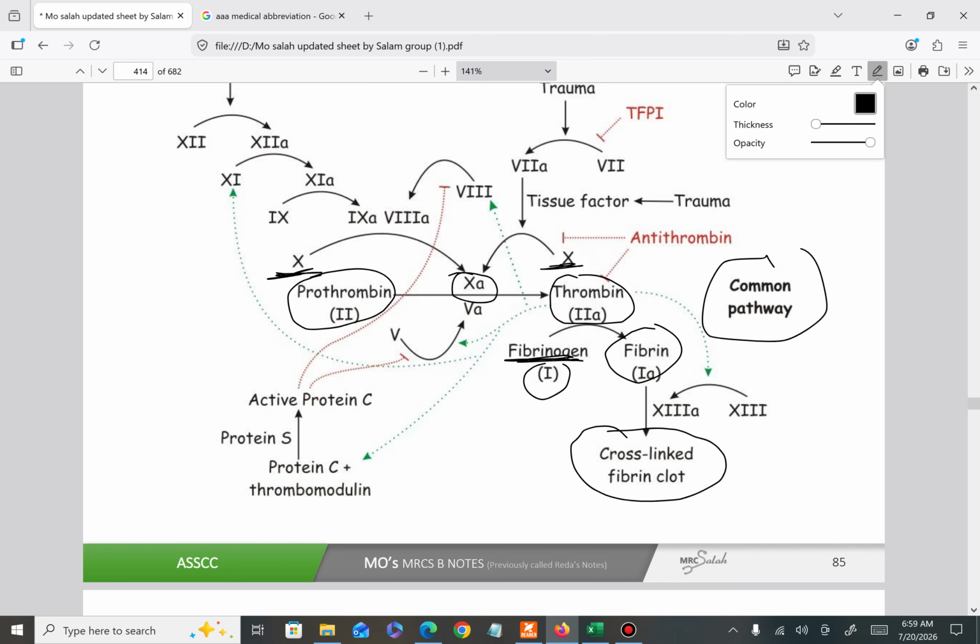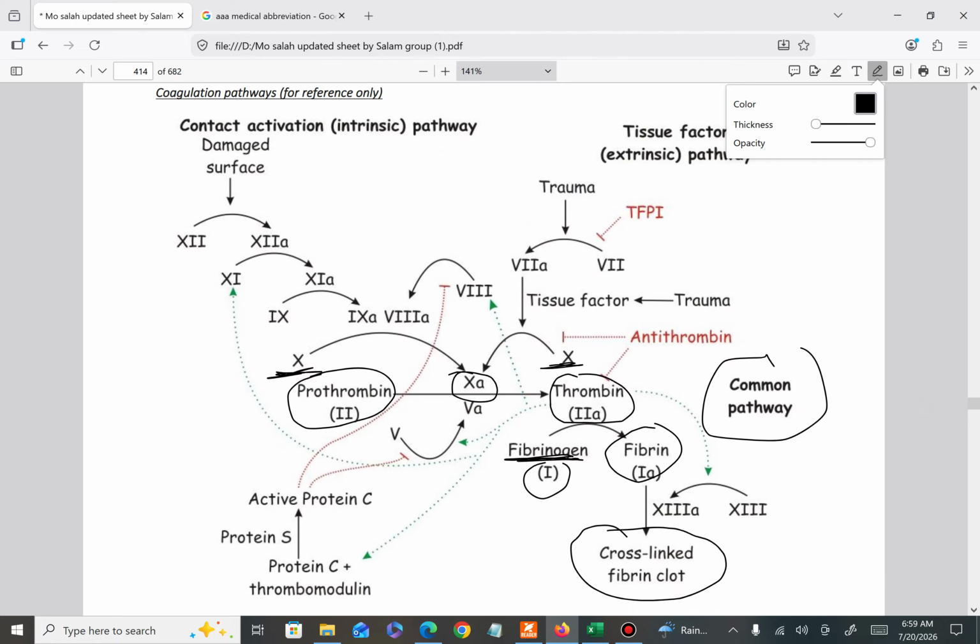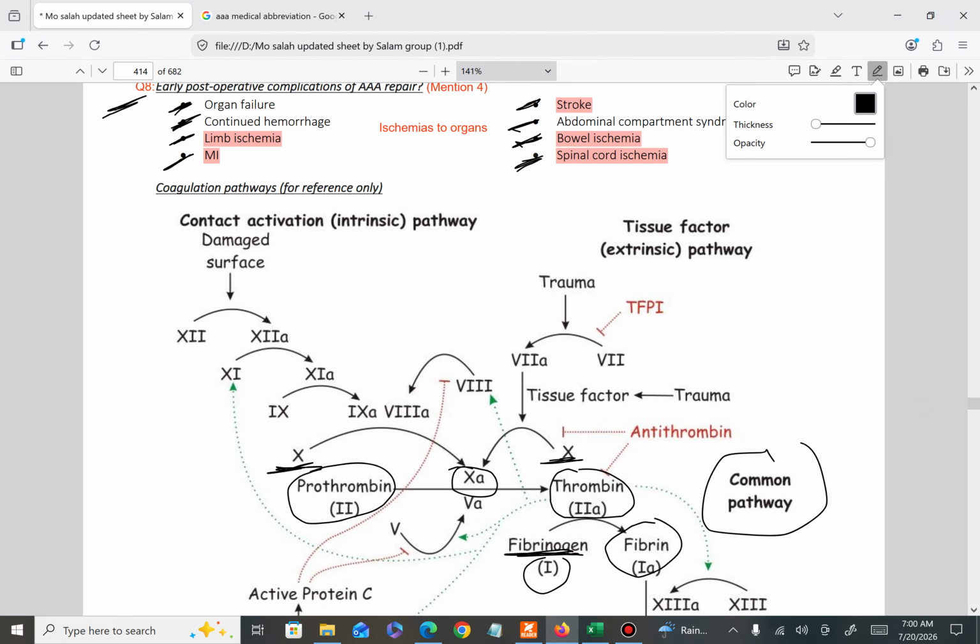But before this, the events which occur to activate factor 10 can be divided into the intrinsic pathway, which is also called the contact activation pathway, and the second pathway is the tissue factor pathway or extrinsic pathway.